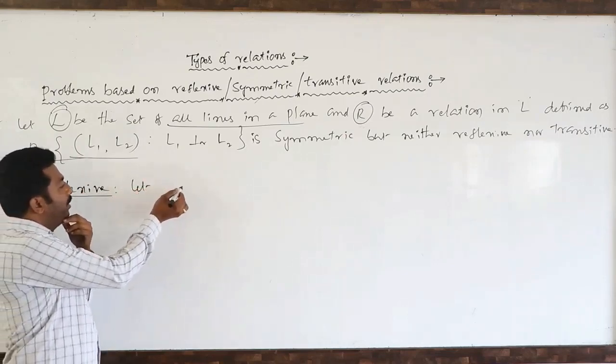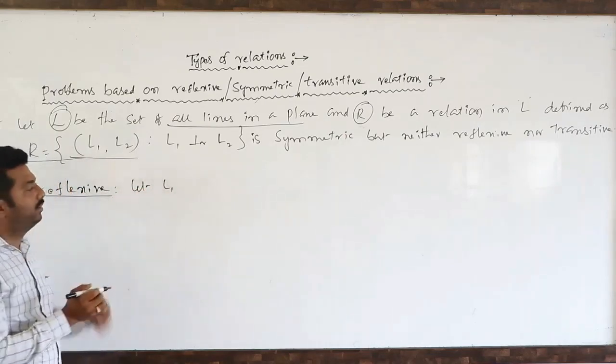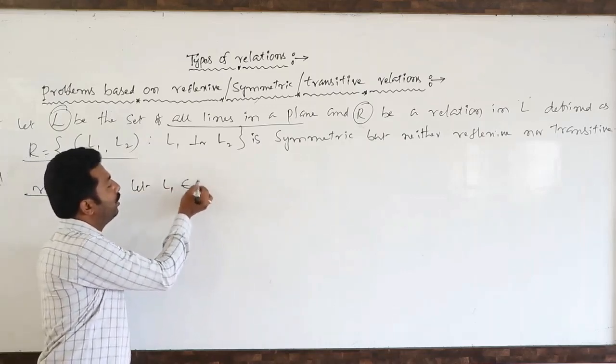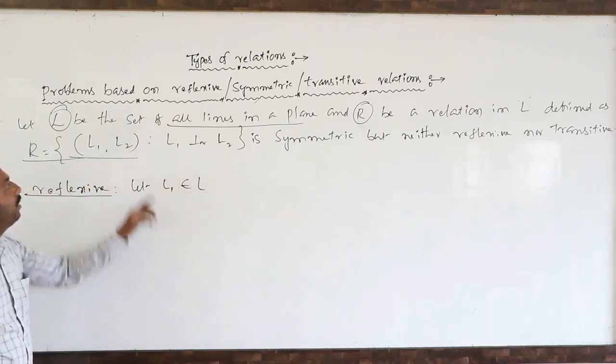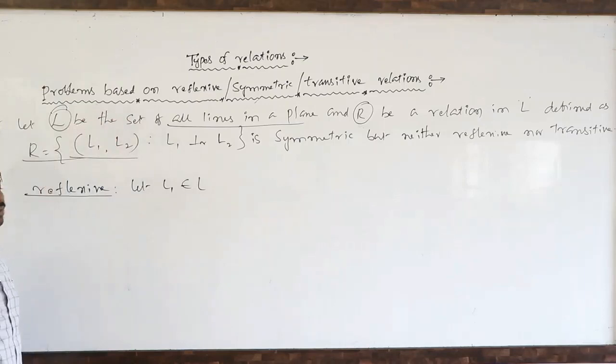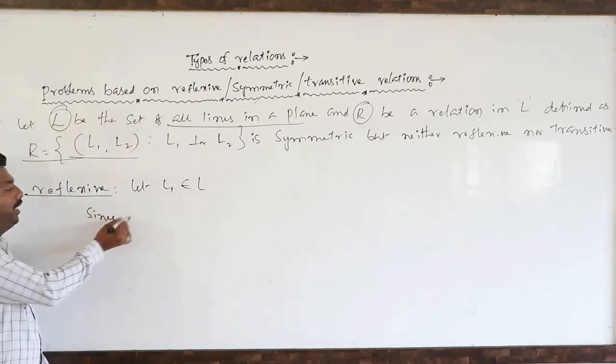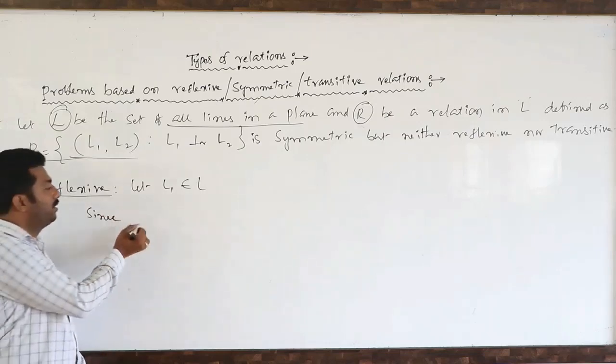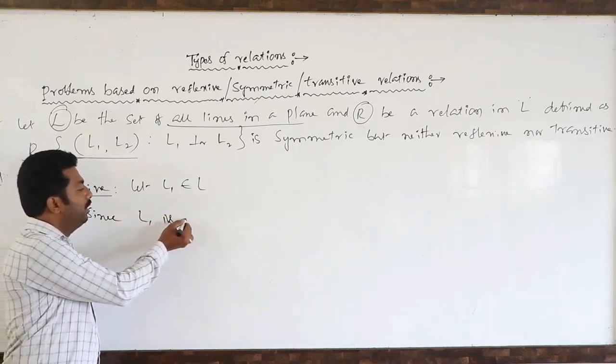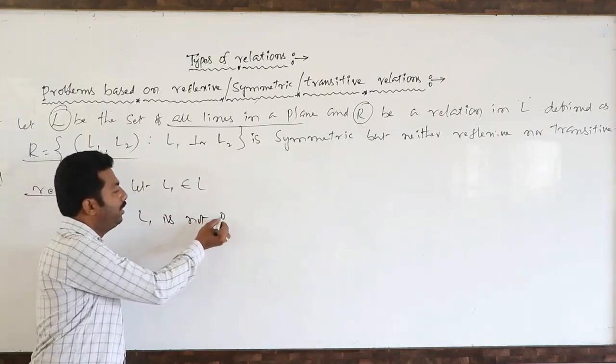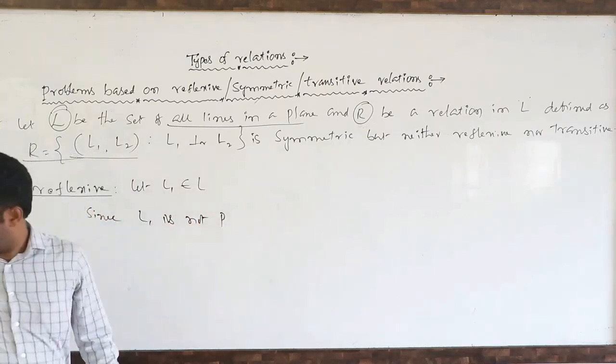One line, L1, I am taking. L1 belongs to the non-empty set capital L, the set of all the lines in a plane. So we will take one condition. Since L1 is not perpendicular to itself.